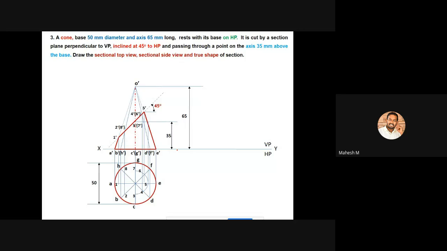Okay, so now you've got all the cutting edges. Normally you have 8 cutting edges if you are dividing a circle into 8 equal quadrants. Since it is a cone, you should not join all the cutting edges with a line. What is the meaning of that? You have to join all the points with a circle, that means a curve. It should be done only with your free hand.